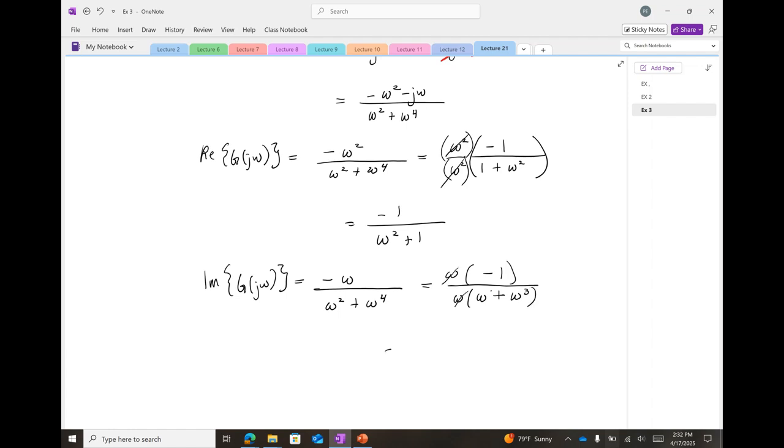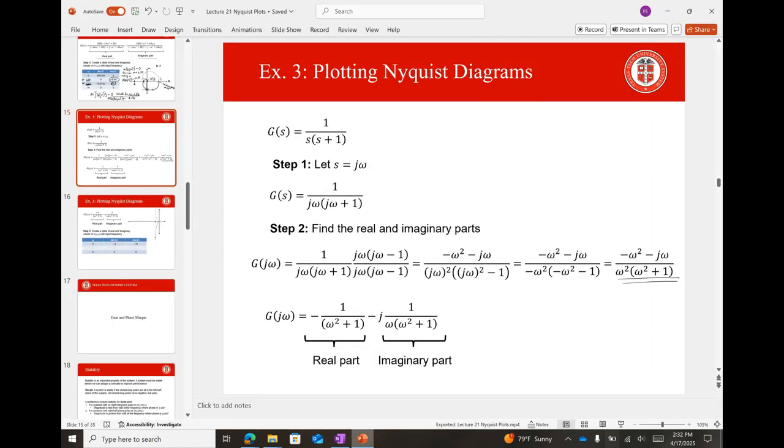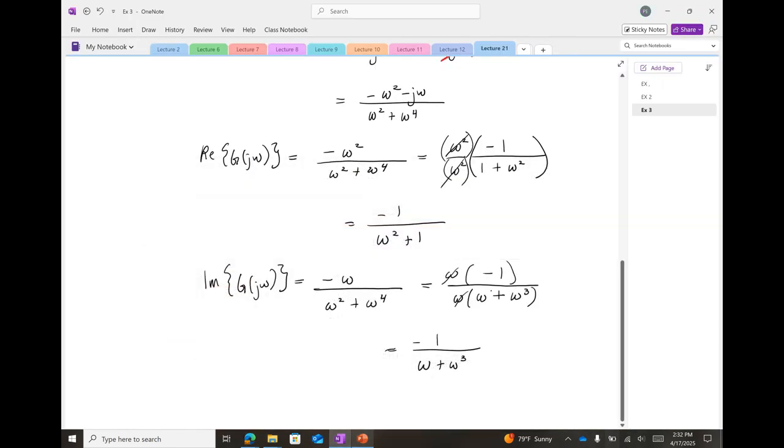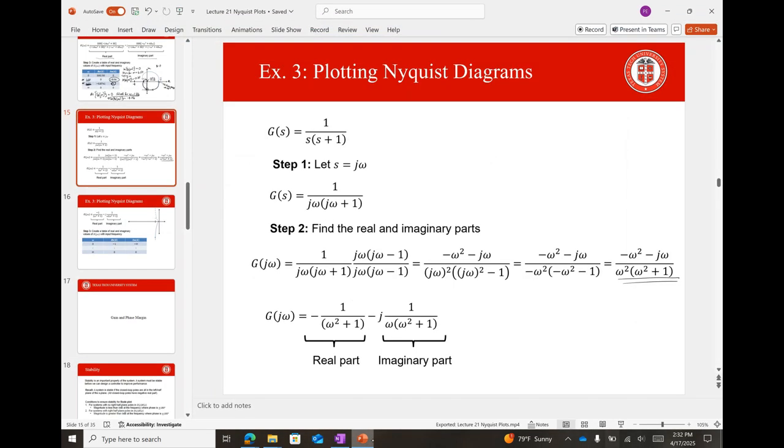Okay, so these two omegas will cancel, so we're left with minus 1 divided by omega plus omega cubed. So this is the imaginary part, and again, we can double check this. So we get the same thing.